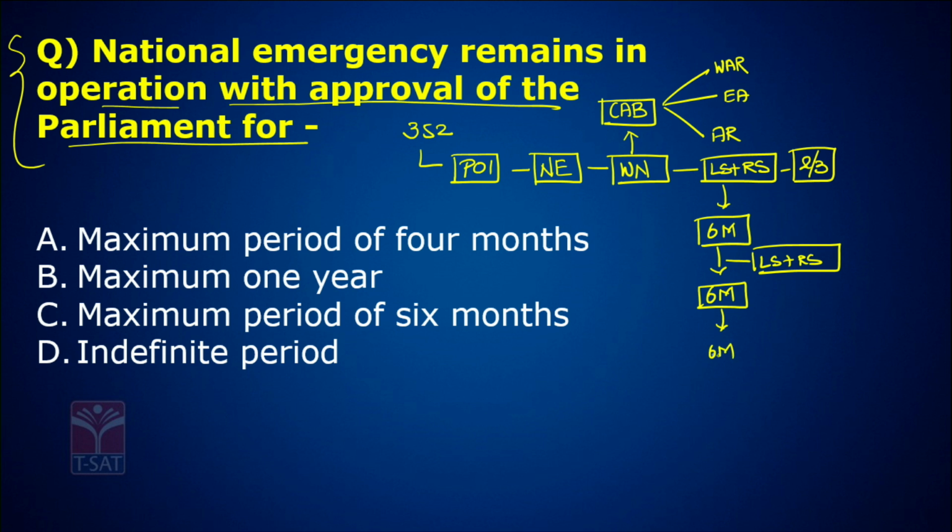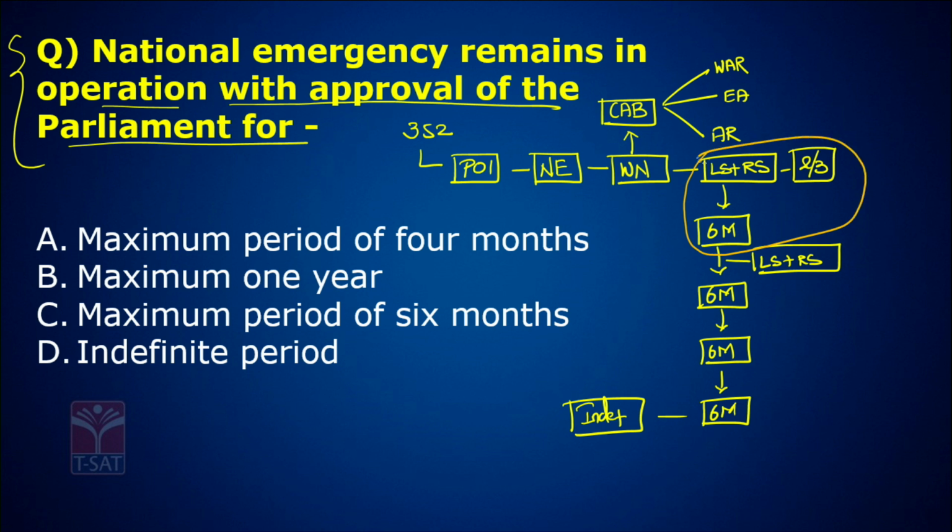It can be renewed every 6 months, any number of times, for an indefinite period, till it is removed. Meaning, once the Lok Sabha and Rajya Sabha approve it, the emergency continues for 6 months. The answer is up to 6 months, a maximum period of 6 months. The answer is C.